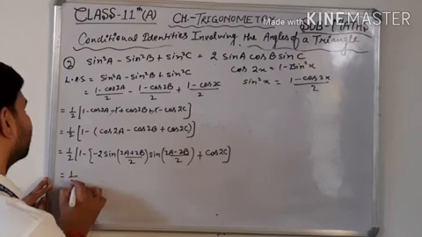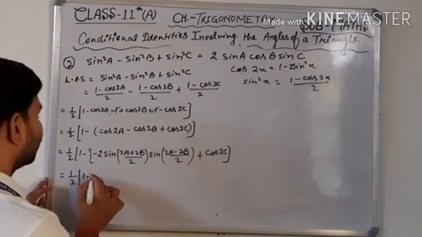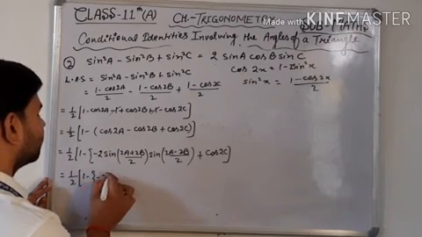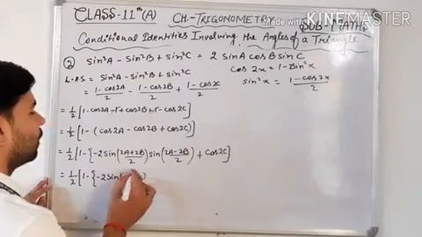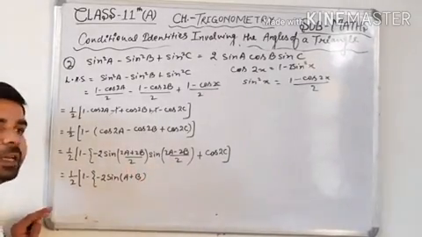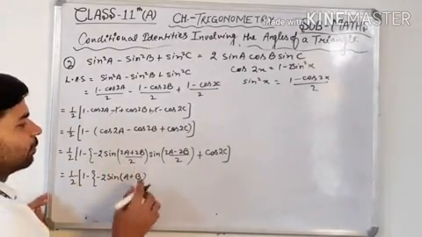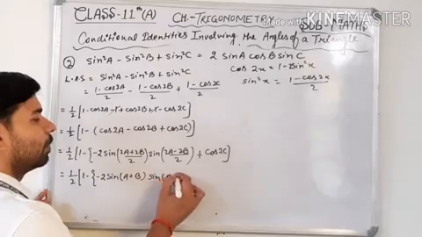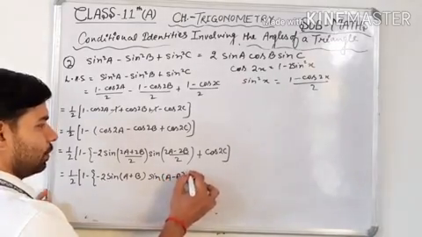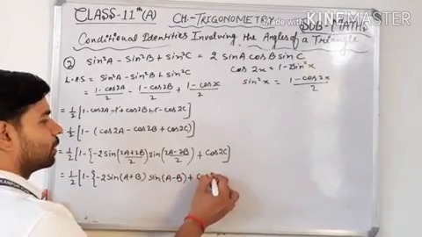Equal 1 upon 2, 1 minus, minus 2 sin (a plus b). From the numerator 2 will be taken common and it will cancel from the denominator. Similarly here sin (a minus b) plus cos 2c.